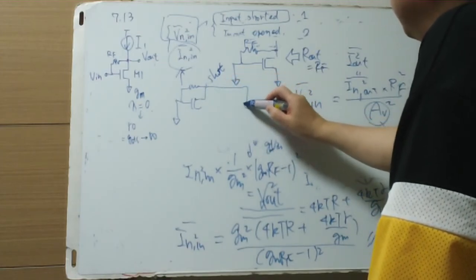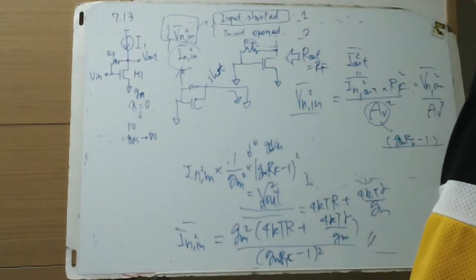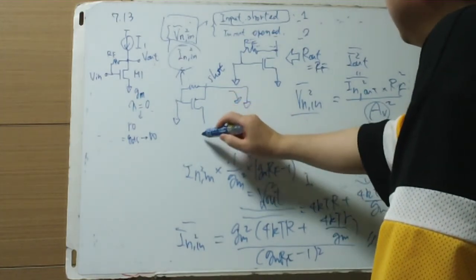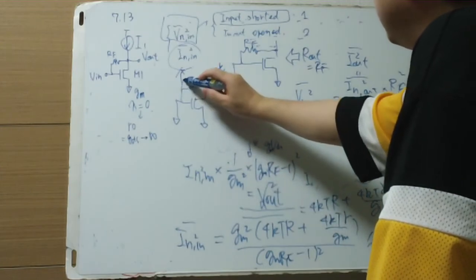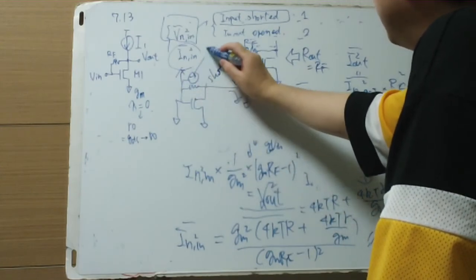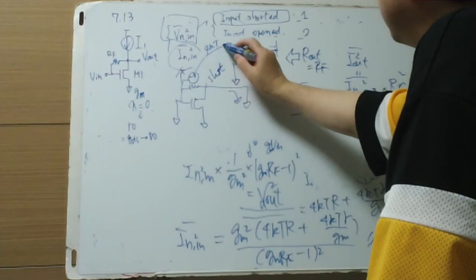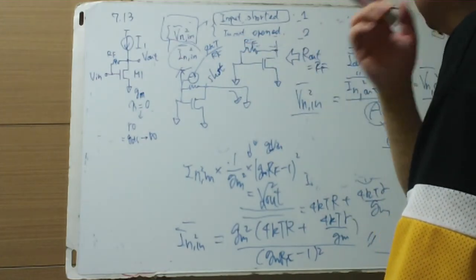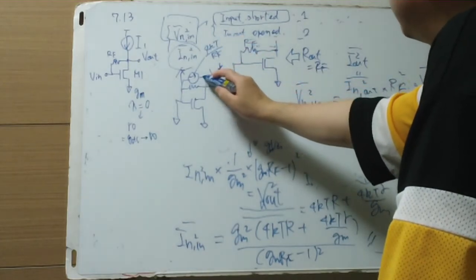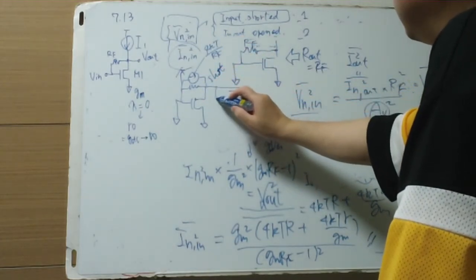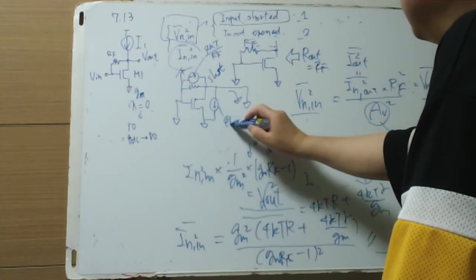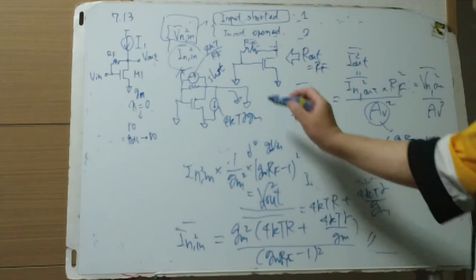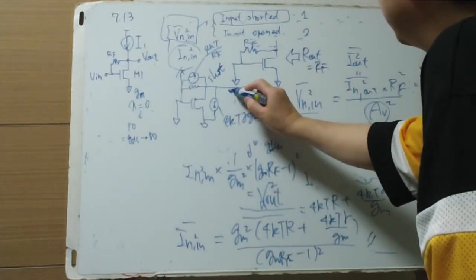The input is also shorted, but we don't use transconductance this time. This is the current noise of RF, I mistakenly wrote T over F, and this is the channel current noise 4kT gamma GM in this direction.